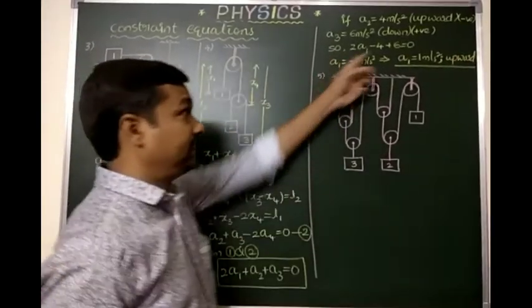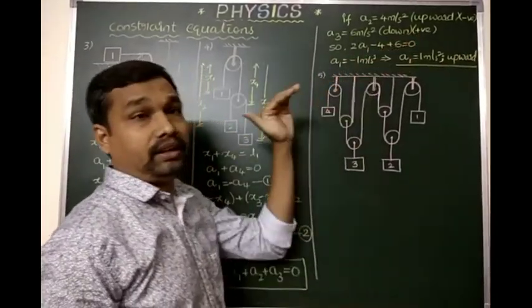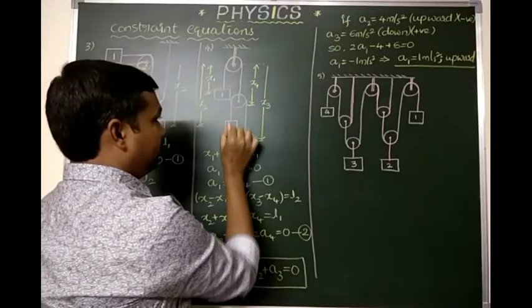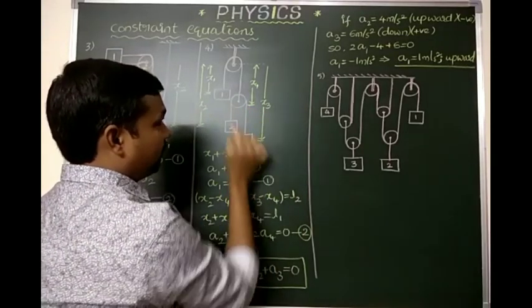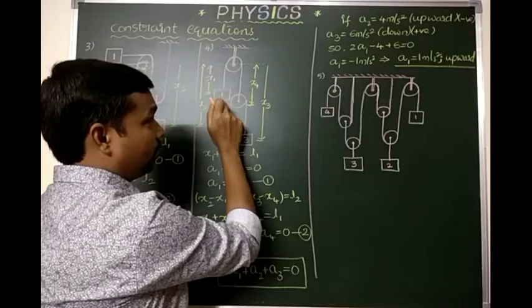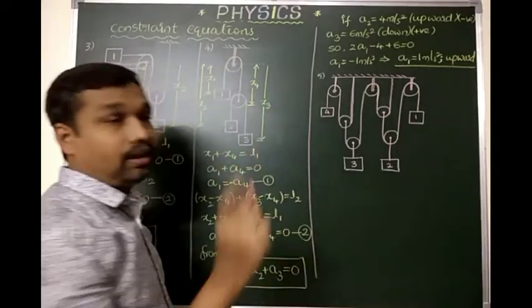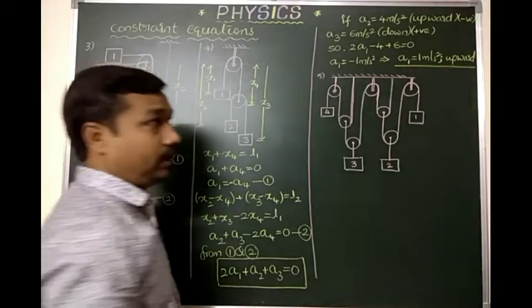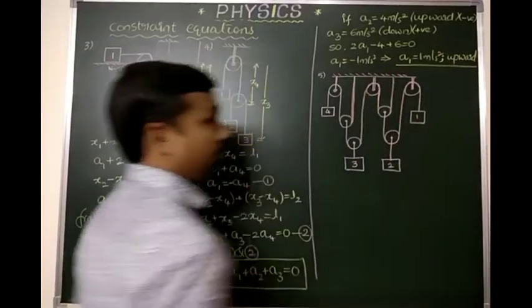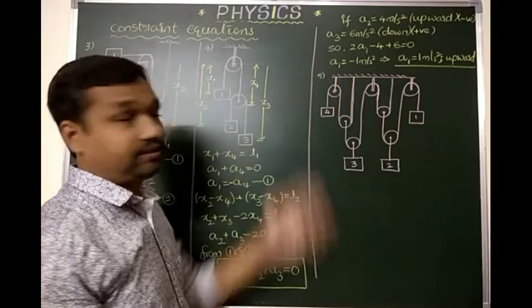What is the negative sign? The negative sign means moving in the upward direction. If this is moving up and this is coming down, then the resultant first block will move upward by 1 meter per second square. This is one problem given here with values.